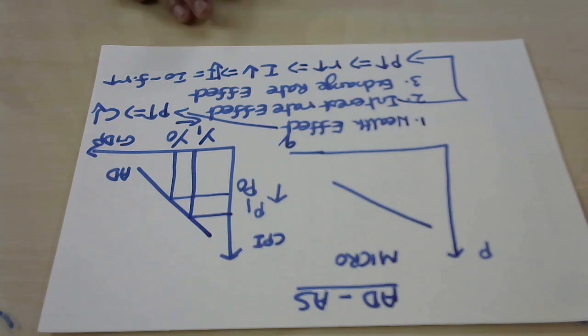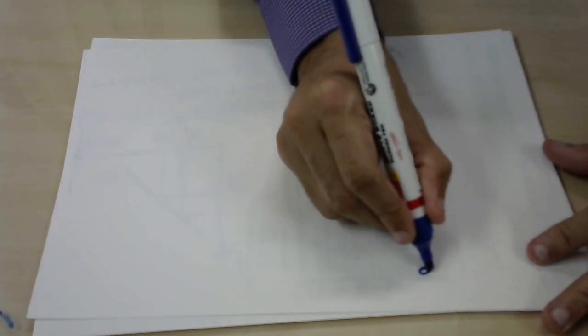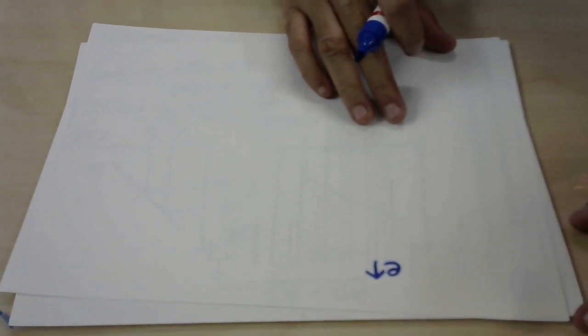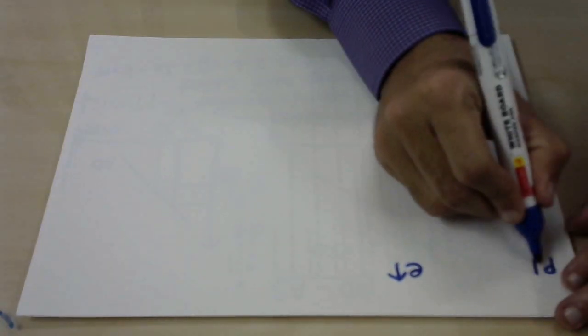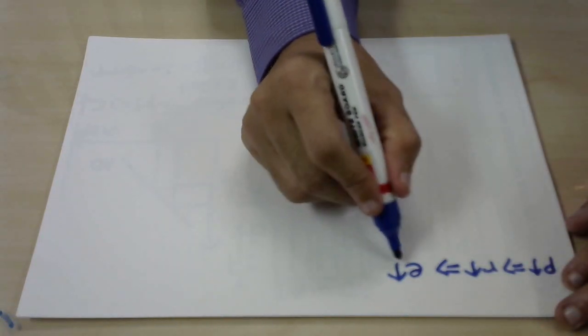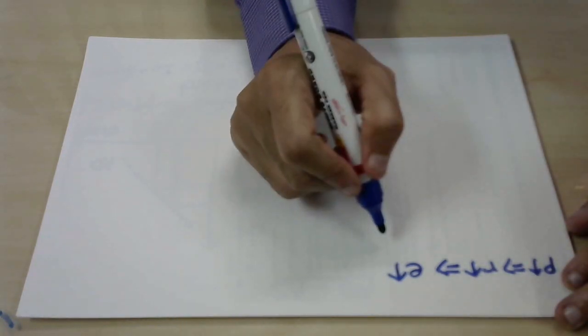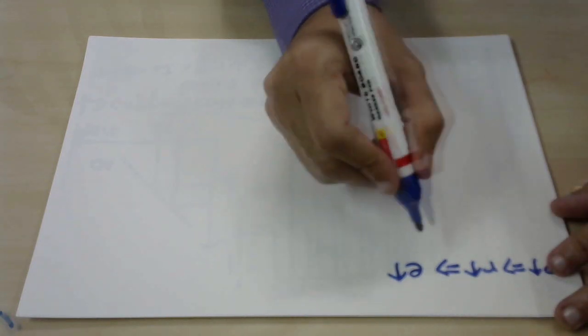And when the rupee appreciates, that means the exchange rate goes up. So we started with a scenario where price level had gone up, which led to an increase in interest rate, which has led to capital inflows and an appreciation of the domestic currency. Now, we have seen the impact of exchange rate appreciation on exports and imports.